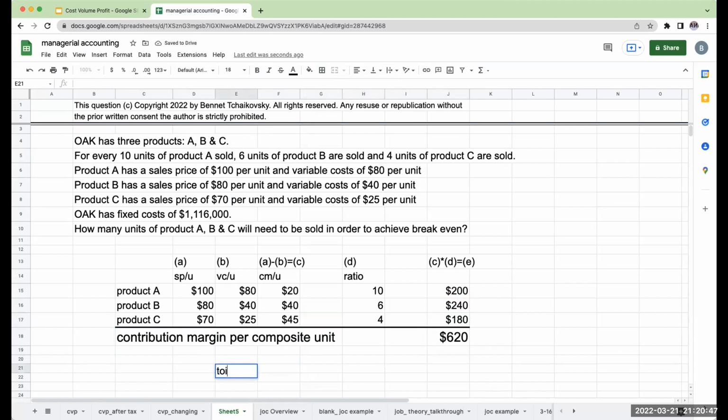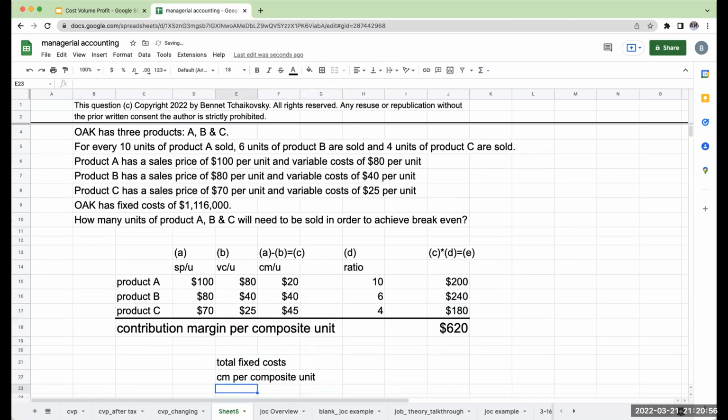Now, if I take my total fixed costs and divide this by my contribution margin per composite unit, this will tell me the number of composite units that need to be sold to achieve break even. My fixed costs are 1,116,000.